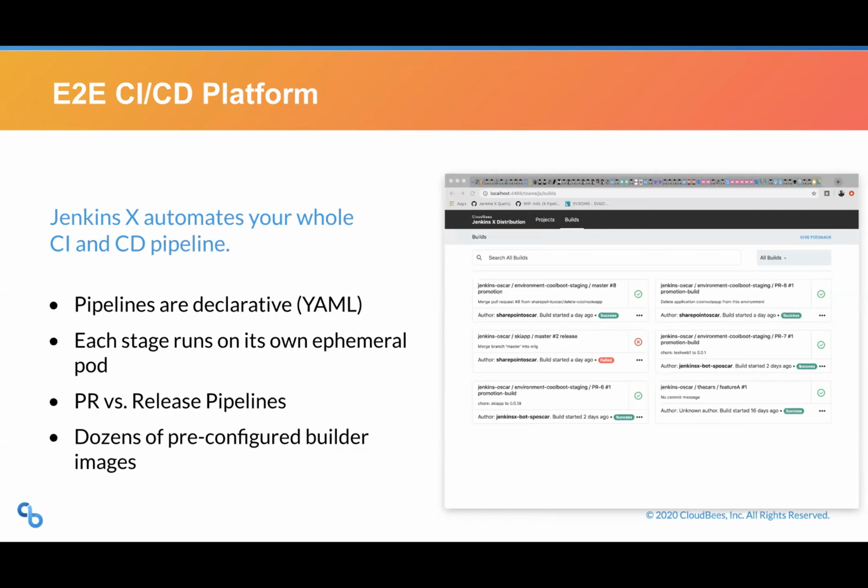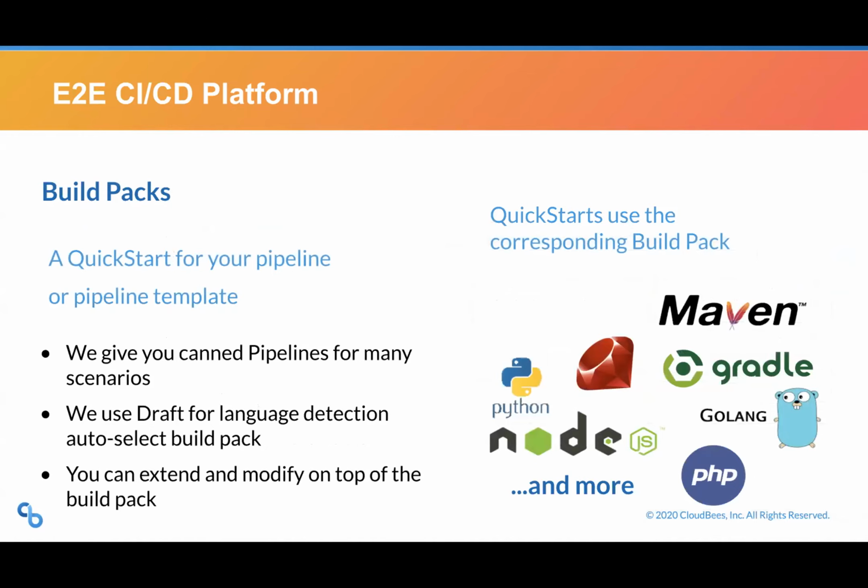We have different pipelines in place. There's the pull request pipeline, there's the release pipelines, and all of these can be modified to fit your needs. You can override steps in the pipelines and make it yours, much like the traditional Jenkins Groovy-based pipelines, right? Another concept that we have is called build packs. With Jenkins X, you can quickly kick the tires without having to import an existing application or write any code.